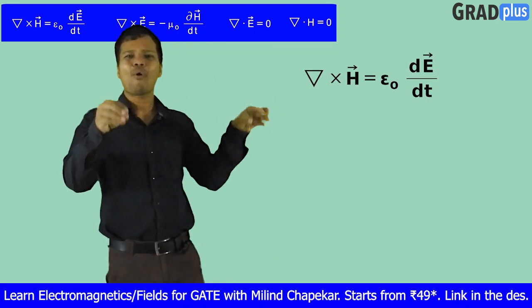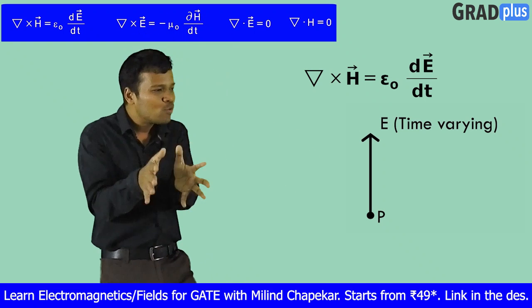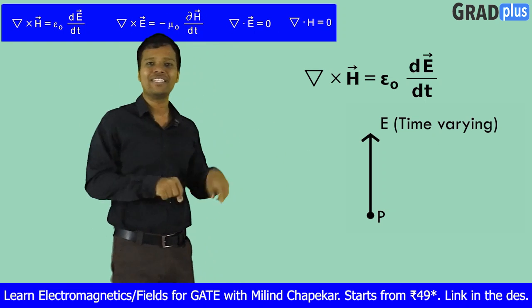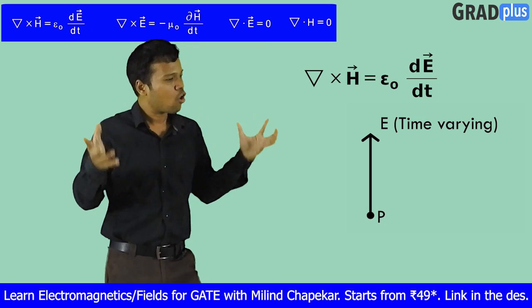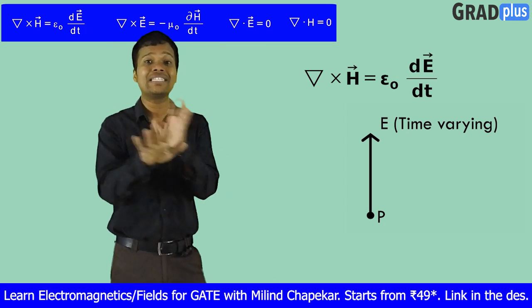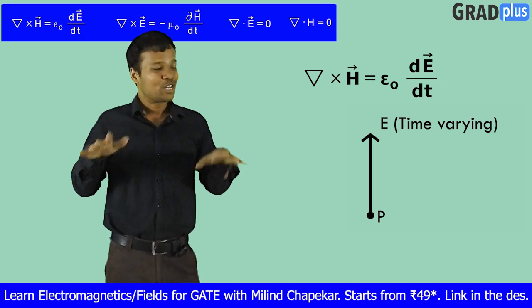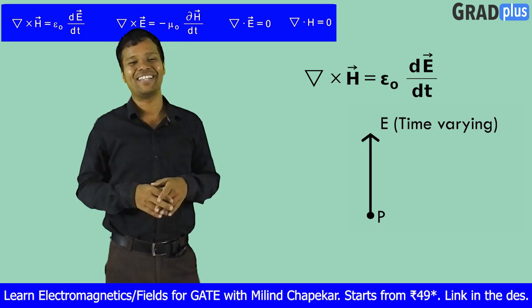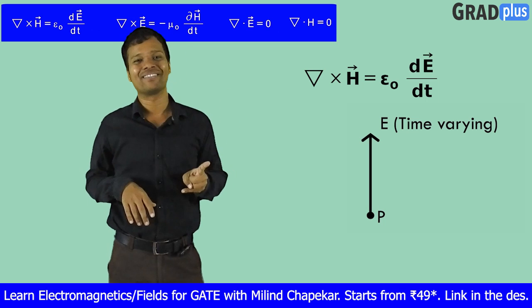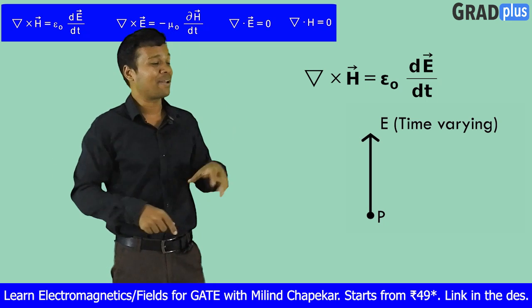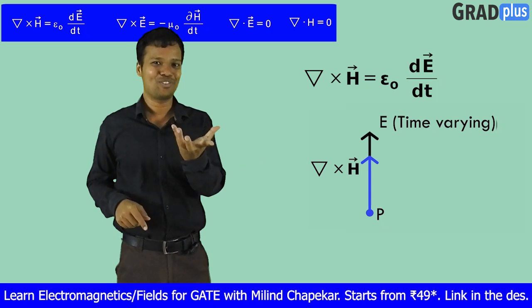So let's assume any point P in the space and assume that electric field is present at that point P, and let's also assume that that electric field is time varying field. It is changing with respect to time. So according to this equation, at this point P, there must also be present H. Yes or no?